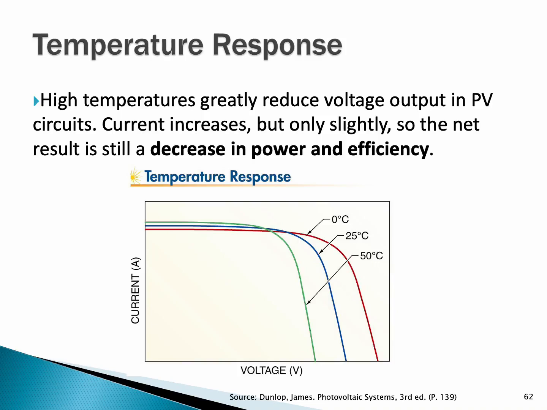That's not going to vary very much. But know that this blue line is 25 degrees C, where my module is being tested. But when I raise the temperature to 50 degrees C, my voltage is going to go down significantly. As I decrease temperature, voltage is going to increase significantly.